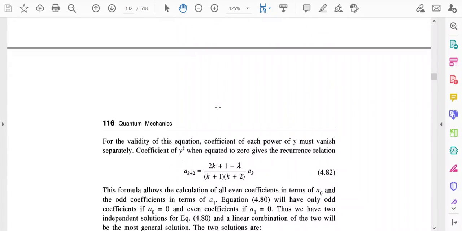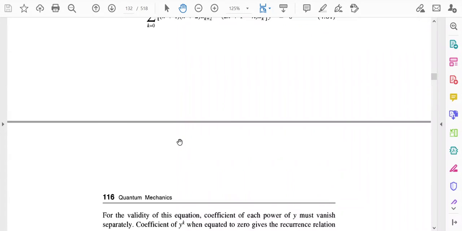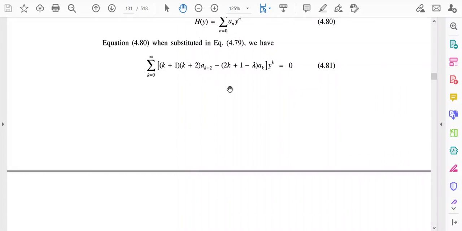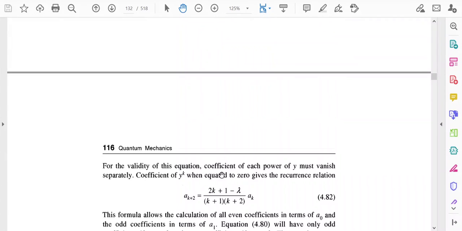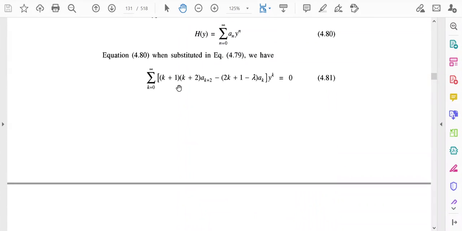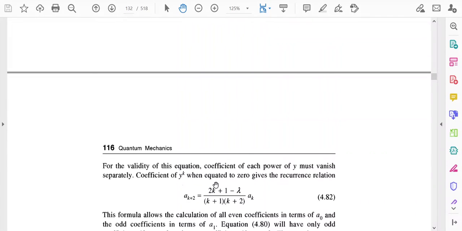Now for the validity of this equation, to hold this condition, the coefficient of each power of y must vanish separately, because y to the power k has been multiplied with this coefficient, and this should be true for all powers of y. So the coefficient of each power of y must vanish separately.